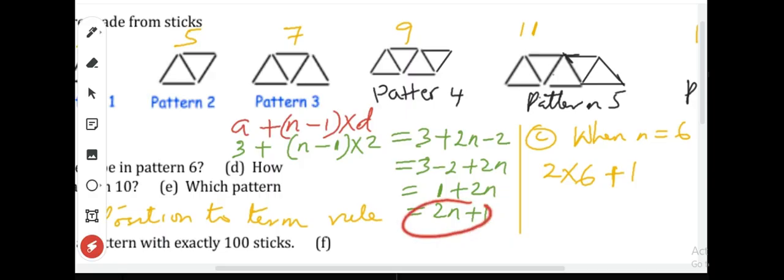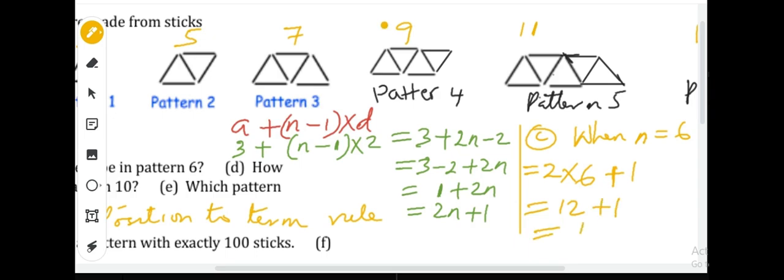It is 2n plus 1, so when n is equal to 6, we have 2 times 6, which is 12, plus 1, which gives us 13.